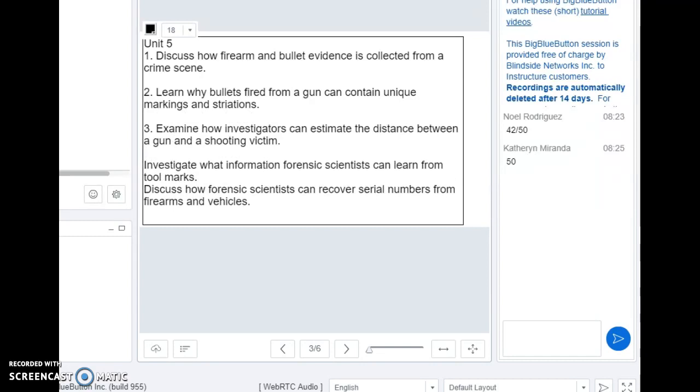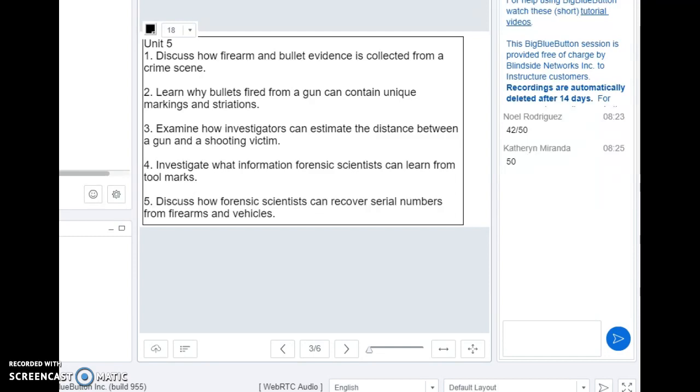All right, and then the fourth one, investigate what information forensic scientists can learn from tool marks. And then the last one, discuss how forensic scientists can recover serial numbers from firearms and vehicles. So those are the objectives that we're going to be looking at.